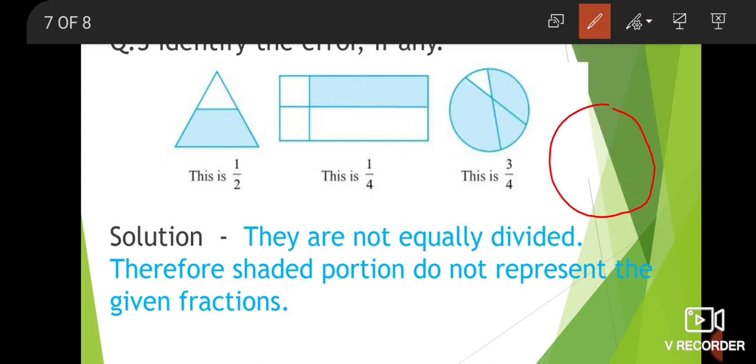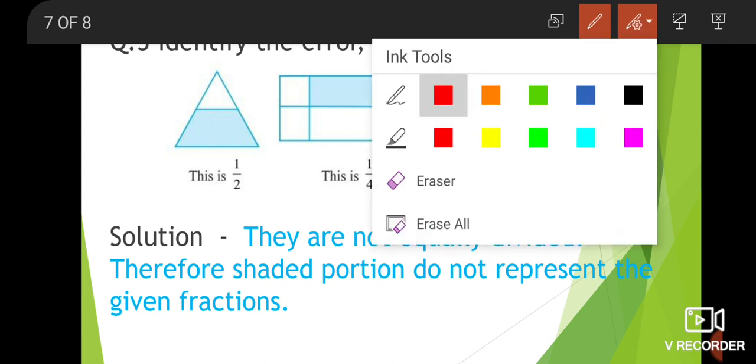This is a circle. If we want to write the fraction of this part, we have to divide it into equal parts. Equal parts में हम लोग को divide करना पड़ेगा. 4 parts हैं. क्या ये जो 4 parts है ये equal हैं? नहीं है. So they are not equally divided. Therefore the shaded portion does not represent the given fraction.